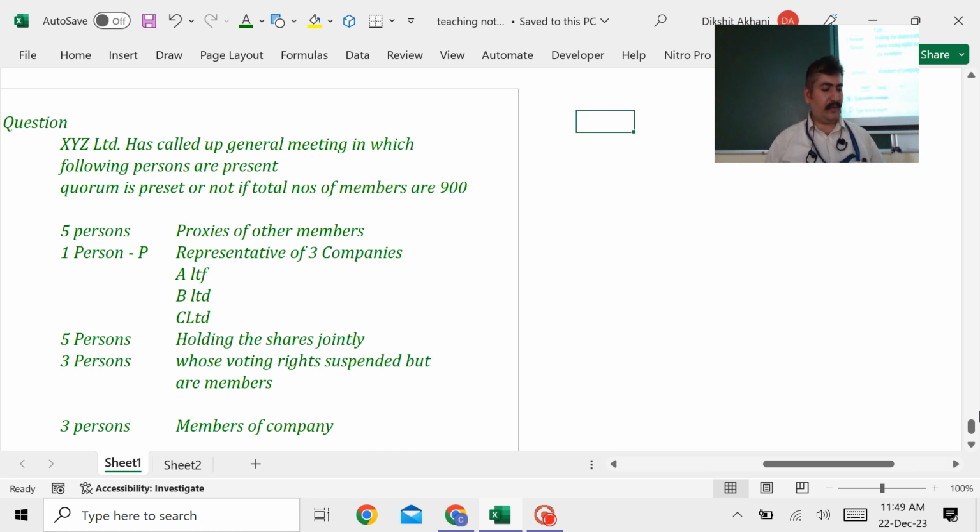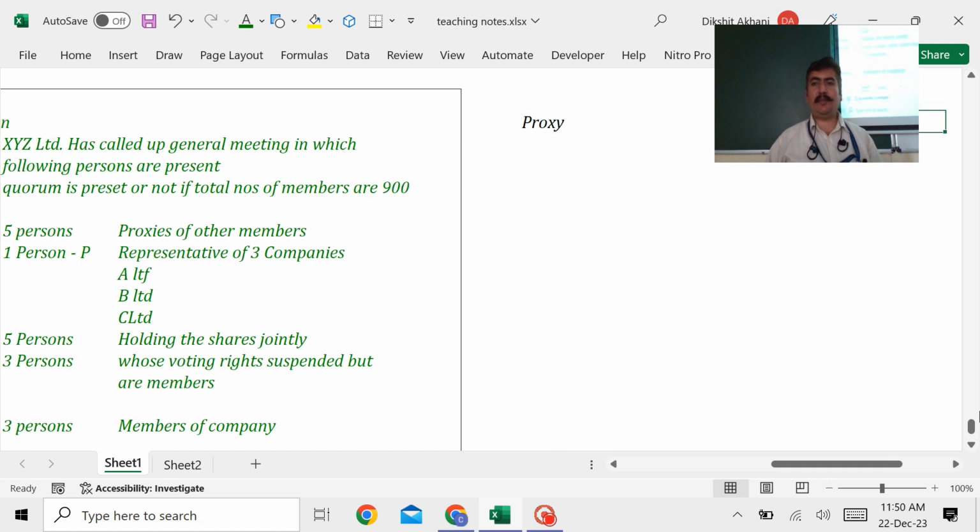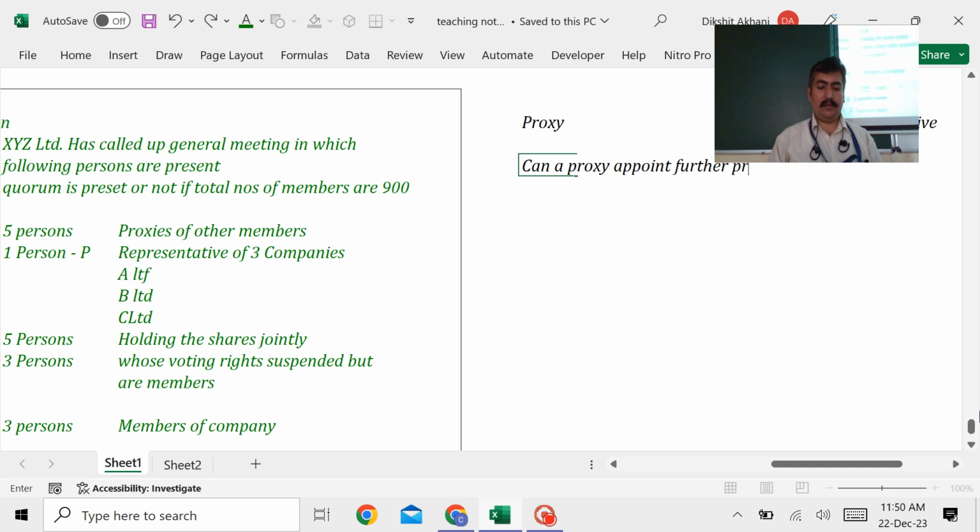So first question what we have is proxy versus representative. ये आपको सबसे पहले पता होना चाहिए. In short, if I ask a question, can a proxy appoint a further proxy?